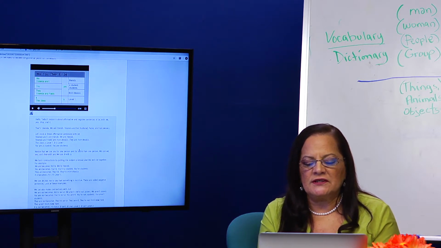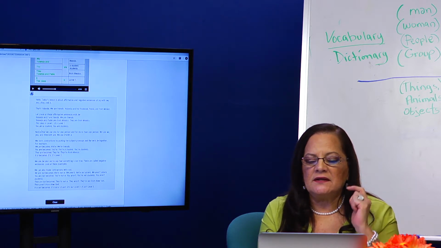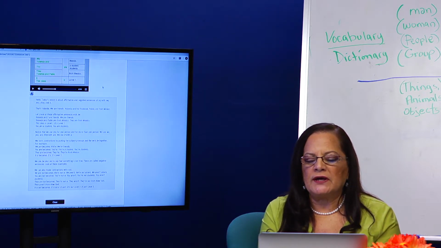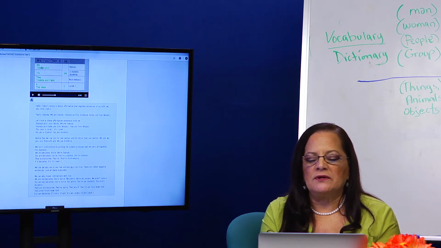So it starts giving you access to writing that's going to help you build not only the reading and listening, but you're also able to look at how the grammar is broken down.